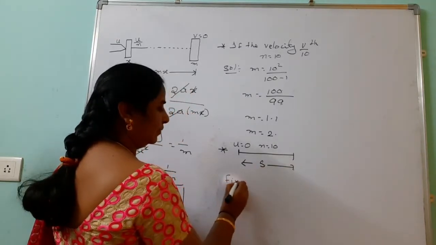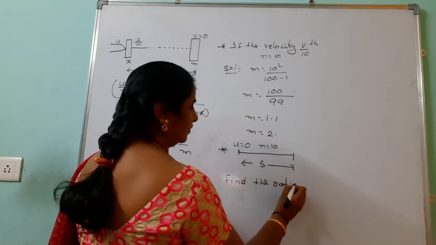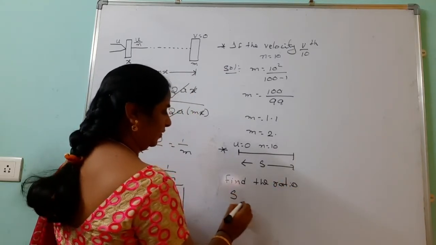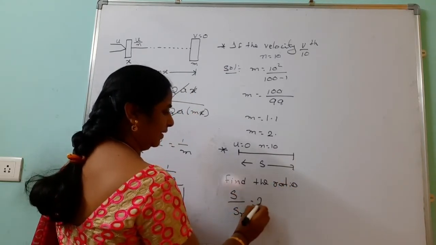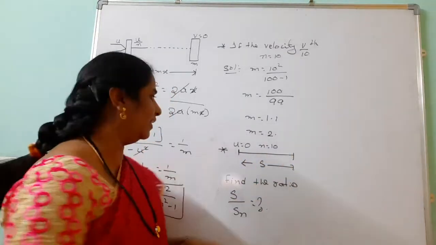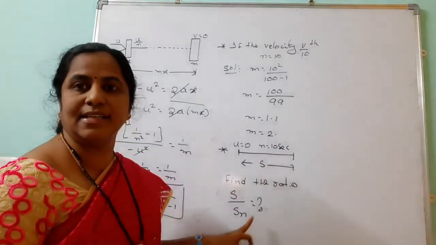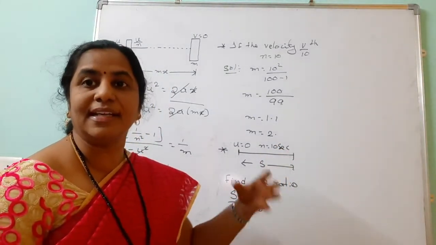Find the ratio of S by Sn. What is S here? Total distance travelled by the body in 10 seconds. What is Sn here? Distance travelled by the body in the 10th second.